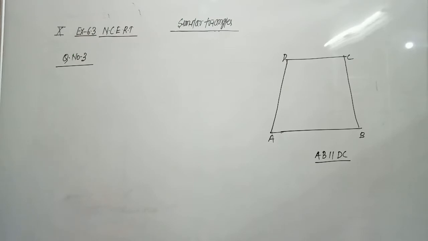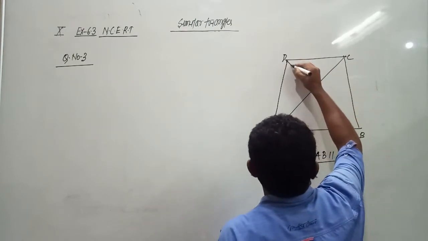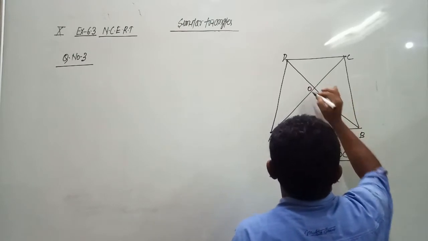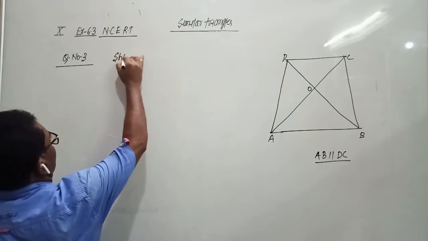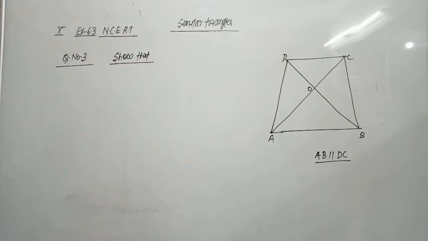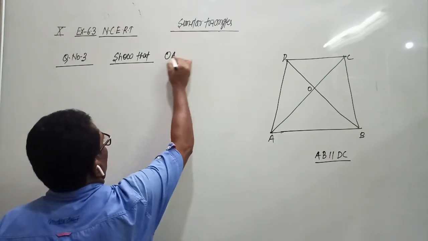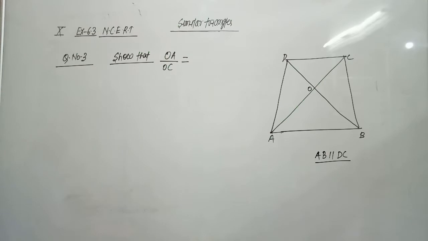The diagonals AC and BD intersect each other at point O. Using a similarity criterion for two triangles, show that OA upon OC is equal to OB upon OD.